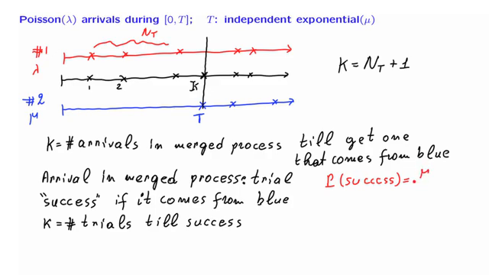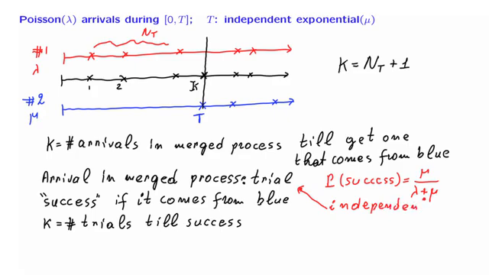And it is equal, as we have discussed before, to this. In addition, we have discussed that when you look at the merged process and you ask what was the origin of that arrival, and you ask what was the origin of another arrival, the answers to these two questions are independent of each other. In other words, the origin of this arrival is statistically independent from the origin of that arrival. So this means that these trials are independent.